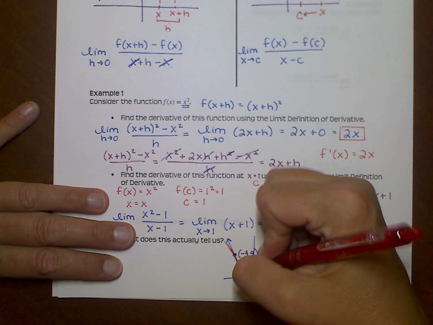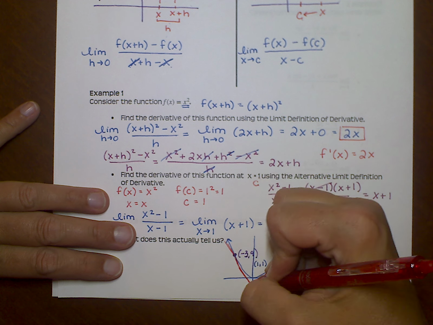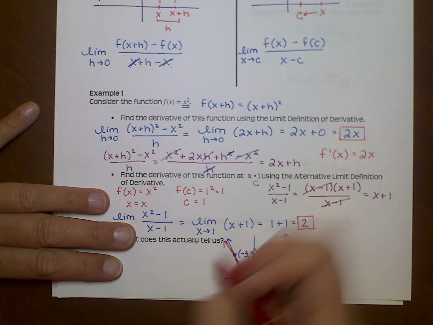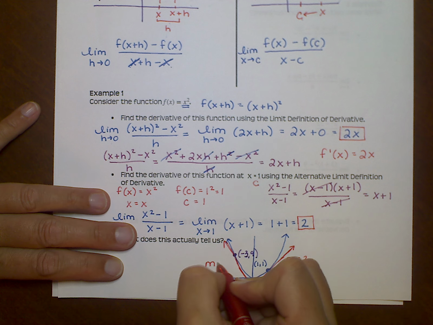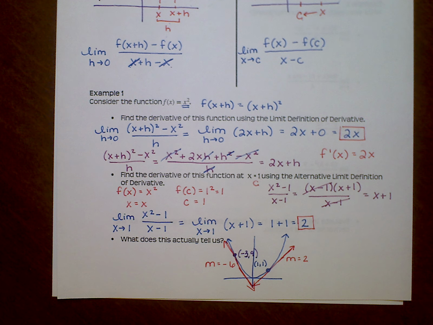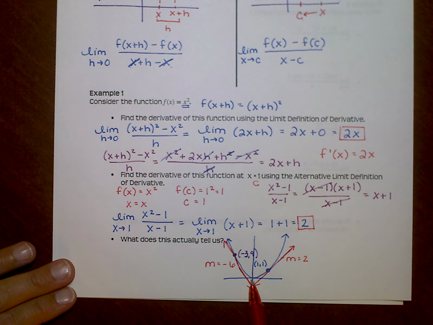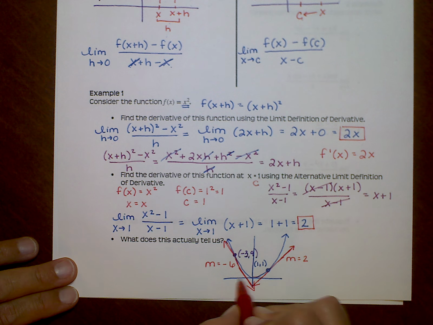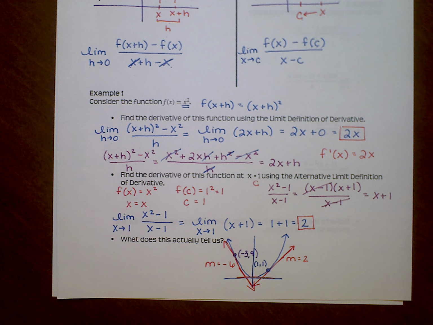And then the slope of this tangent line, let's pretend that's a straight line, would be -6. Okay? So what I've just found is a function that will tell me the derivative anywhere on the original function, if all I have to know is the x value. If I'm at 0 and I plug in 0, 2 times 0 is 0, and that should make sense to you because I have a horizontal tangent right here. Okay?